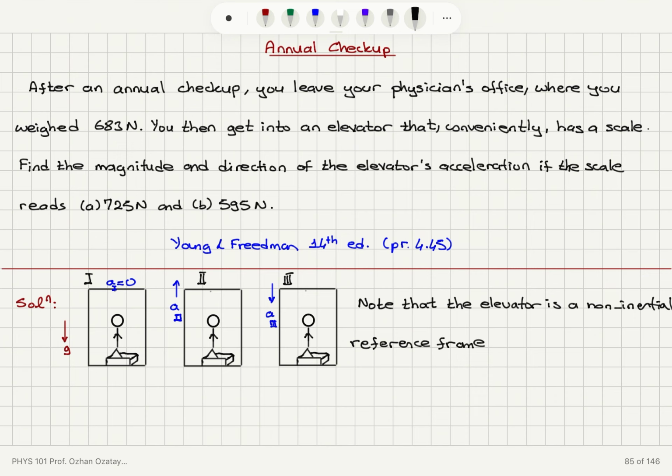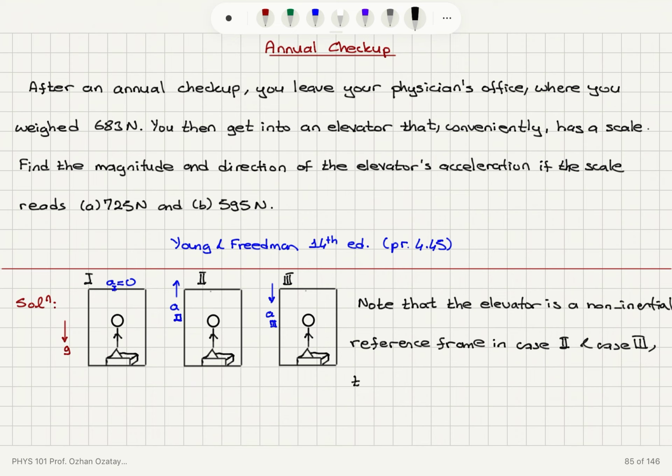So in case 2 and case 3, when the elevator is accelerating, there will be a fictitious force appearing on the person.